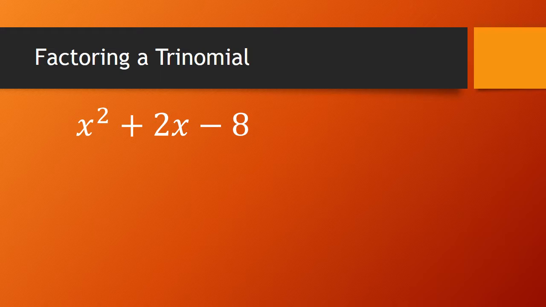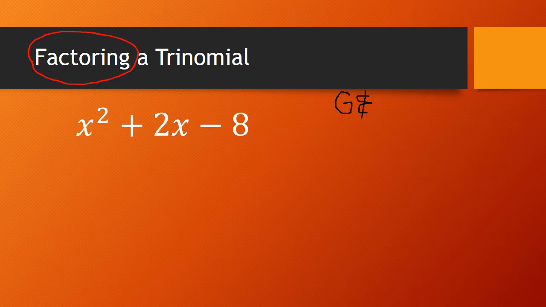Now let's take a look at this example. We have x squared plus 2x minus 8. Again, we have to factor to be able to change the trinomial into the factored form. And I'm going to use guess and check again to be able to factor this trinomial, because looking at this trinomial, I know I don't have a greatest common factor between the terms.